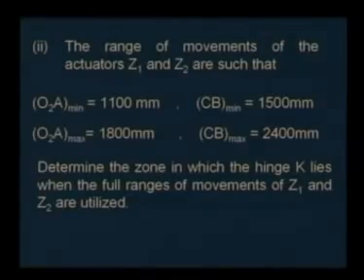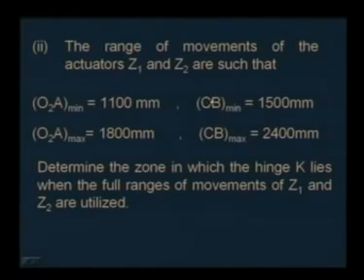I can extend this problem for you to have some practice, which are a little tougher. The second part of the problem could be, the range of movements of the actuators Z1 and Z2 are such that the maximum distance between O2 and A, that is O2A max, is say 1800 millimeter to the scale and O2A minimum is 1100 millimeter.